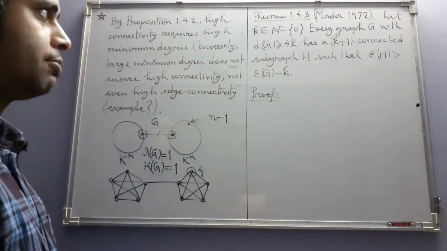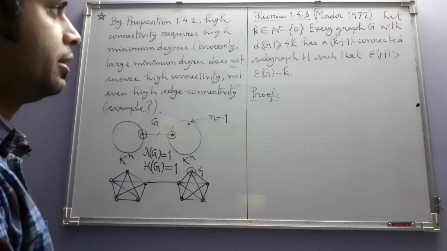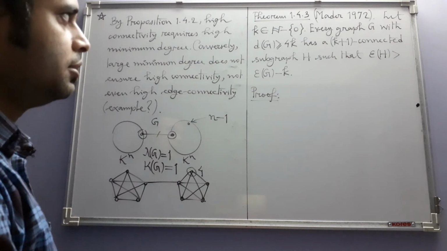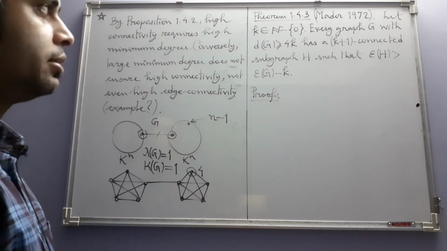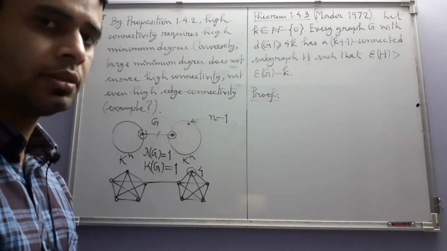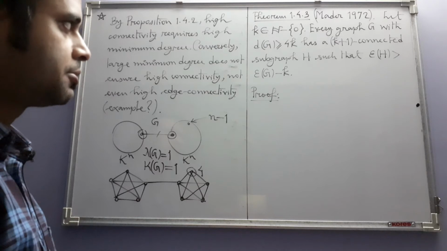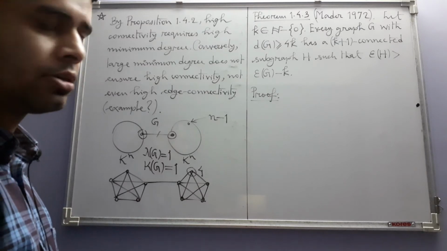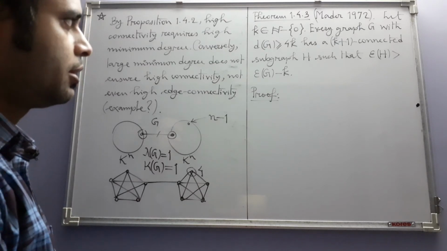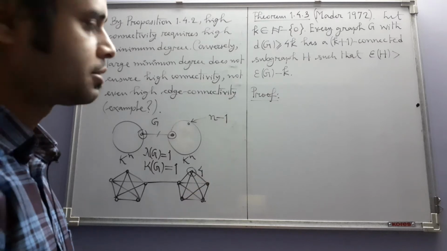So if k is a positive integer, and if we have a graph G whose average degree is at least 4k, then it has a (k+1)-connected graph H whose epsilon value, which is also another sort of average, is greater than epsilon of G minus k.